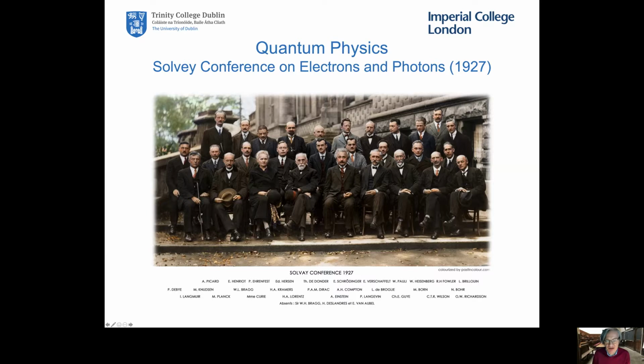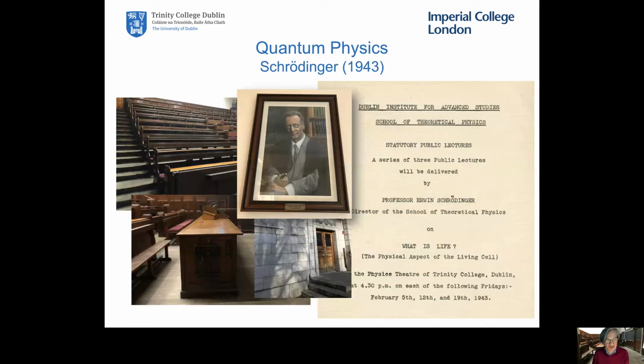But it's particularly Erwin Schrödinger, who left, at the time when he was in Austria, but also at the time when he was in Dublin, a strong mark on quantum physics.